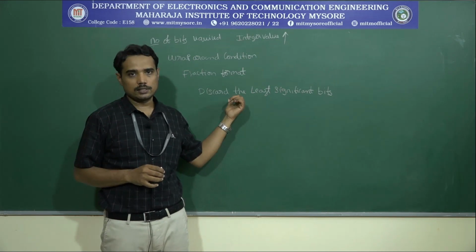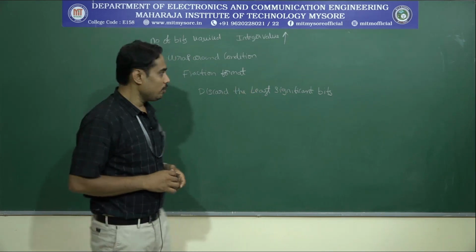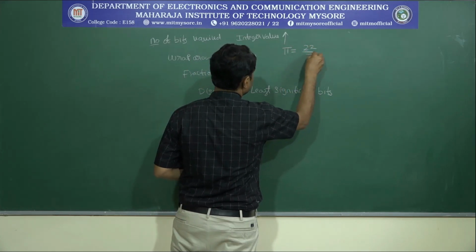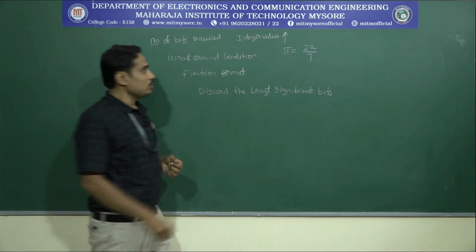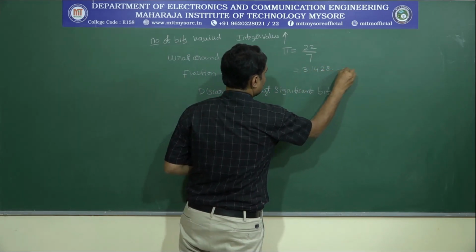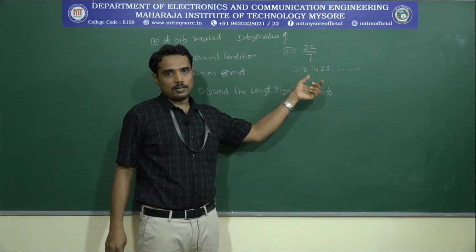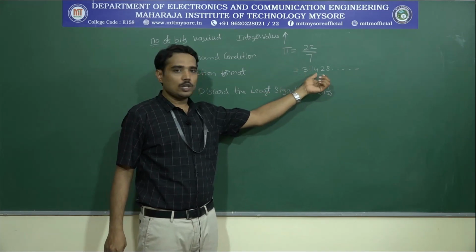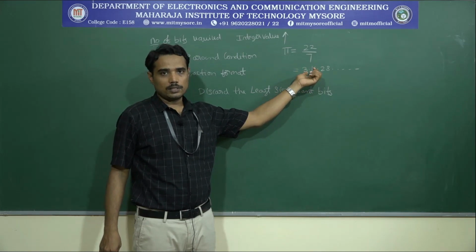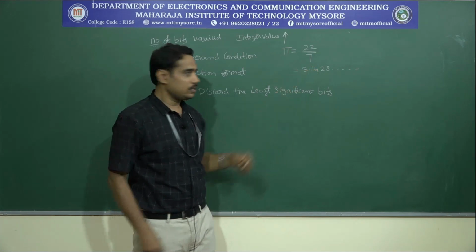In order to understand this concept, I will give an example. We all know that the value of pi is equal to 22 by 7. This value is equal to 3.1428 and so on. Here, in general, we know that pi is equal to 3.14. 3.14 is sufficient. It is enough to substitute the value of pi to get the result.